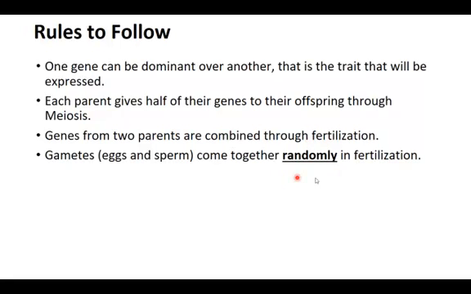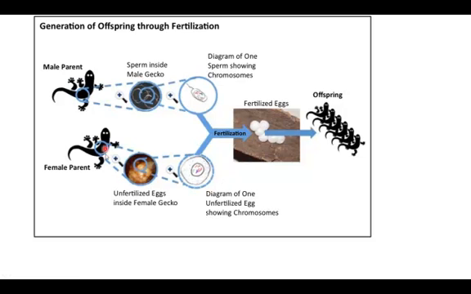This word randomly is going to become very important moving forward. So if we're again looking at this picture, we've got two parents, and those parents are each making gametes that have half the genetic material, and those are coming together randomly in fertilization to make our offspring.